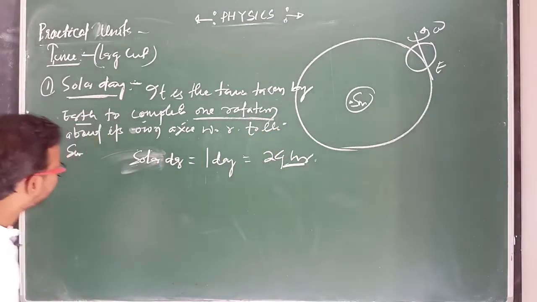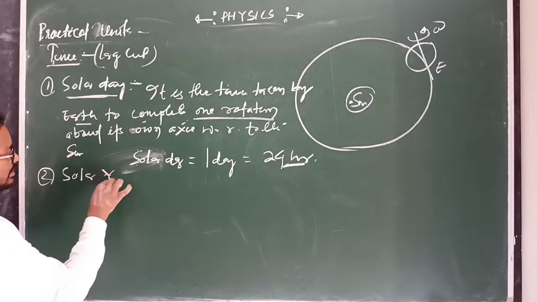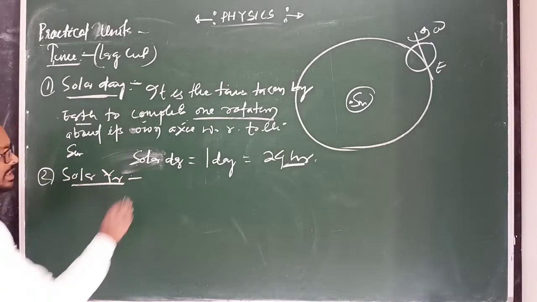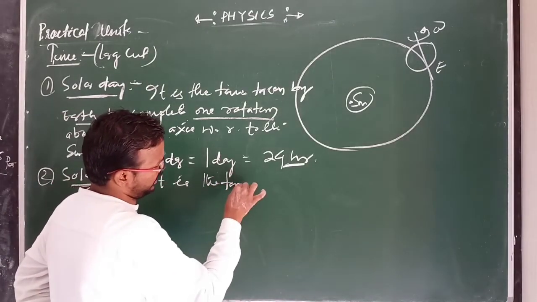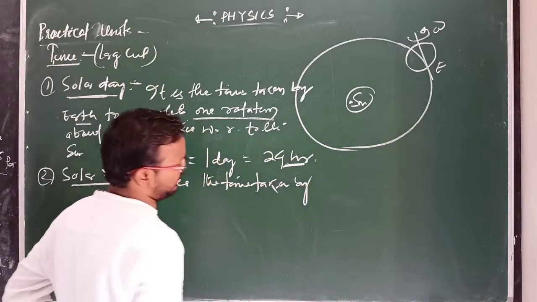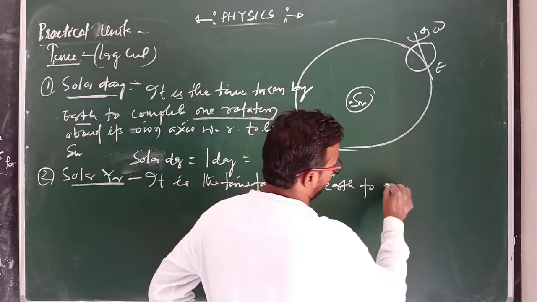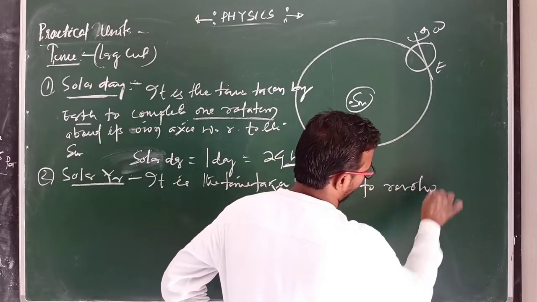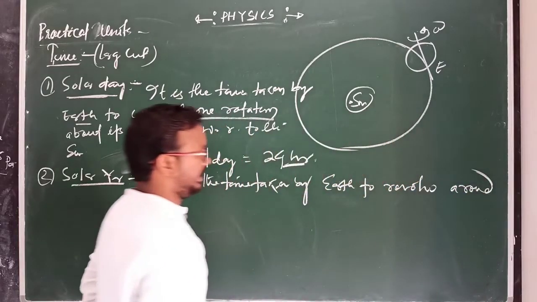Clear? Next we can write another term here, that is solar year. So what is a solar year? It is the time taken by the earth to revolve around the sun.